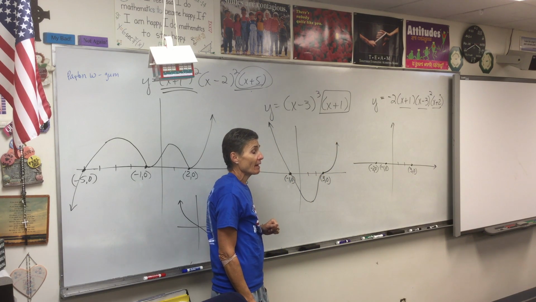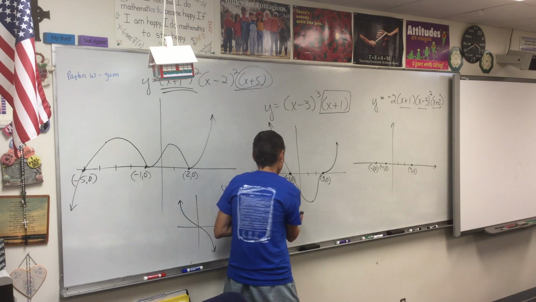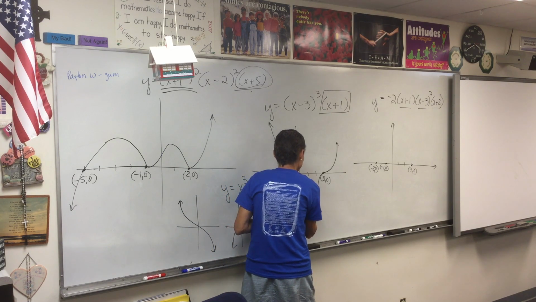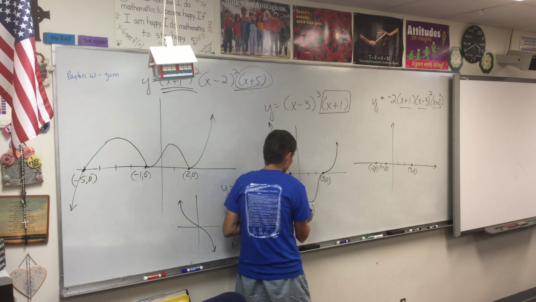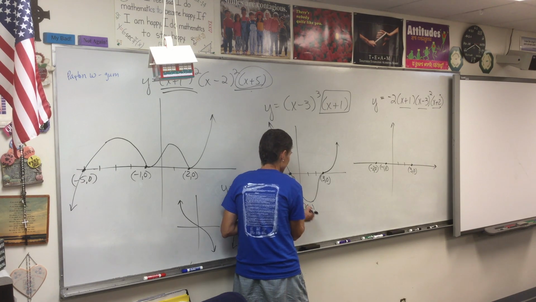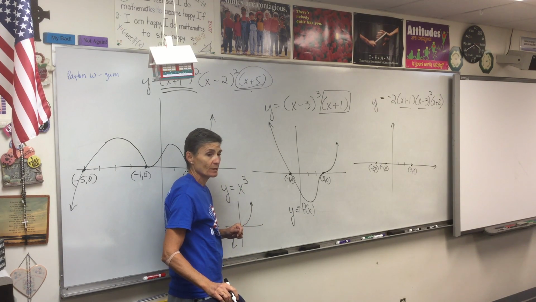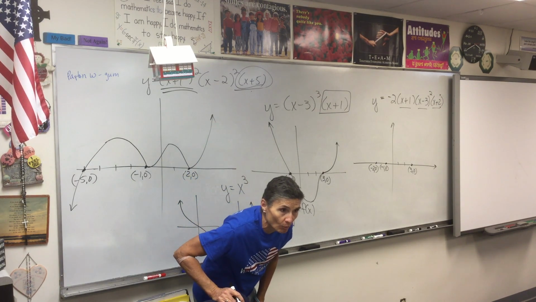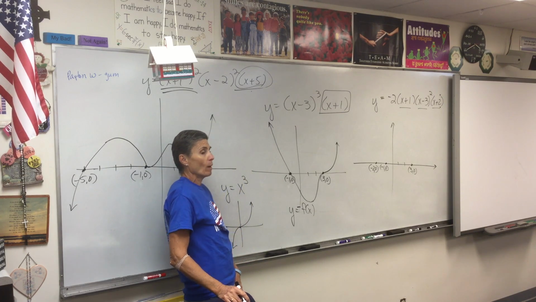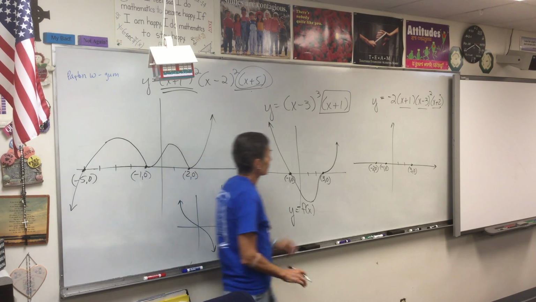Now think back to when we were graphing those y equals f of x weird shapes, remember? What happened when I put a negative out in front of that? What did it do? Upside down. Okay, now wait a minute, upside down.